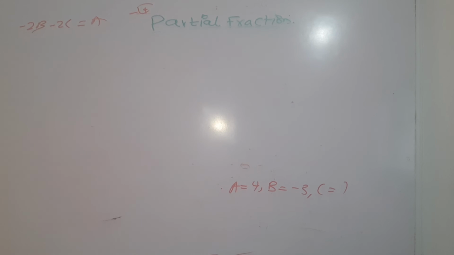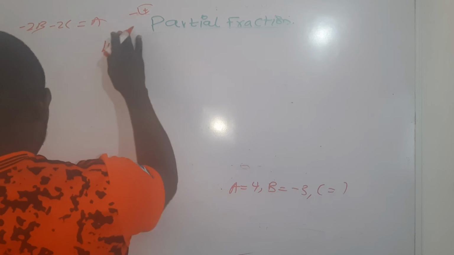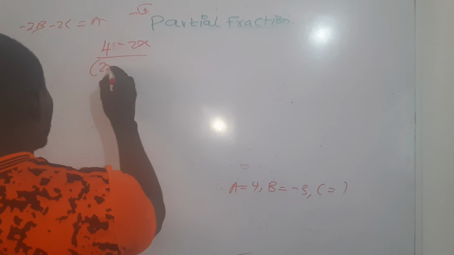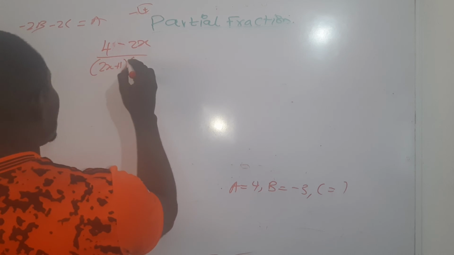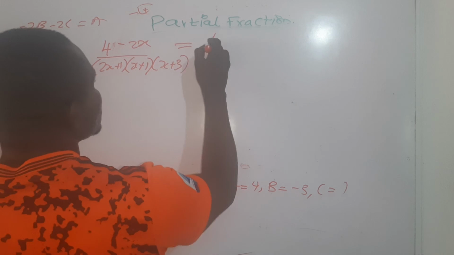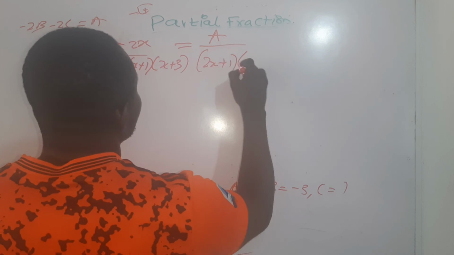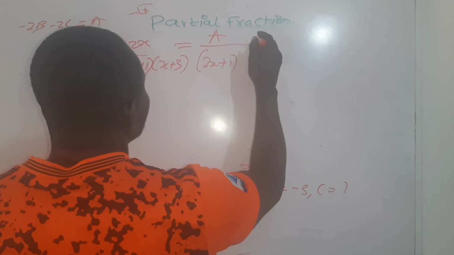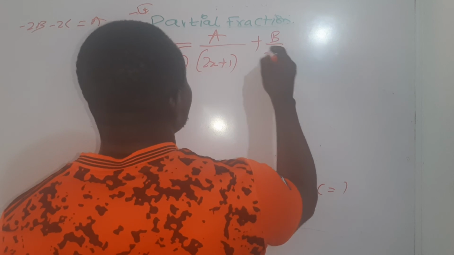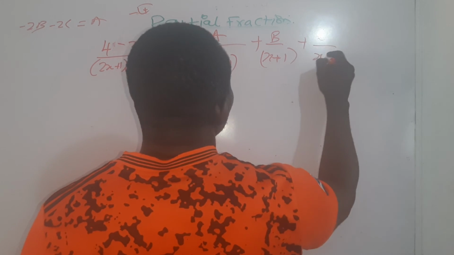Let me write it out: 4 minus 2s over 2s plus 1 times s plus 1 times s plus 3 equals a over 2s plus 1, plus b over s plus 1, then plus c over s plus 3.